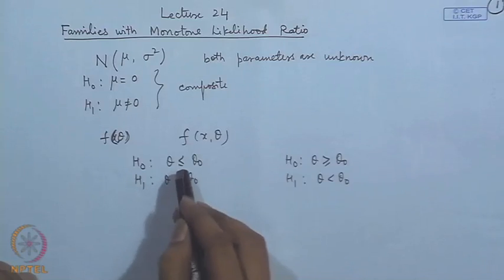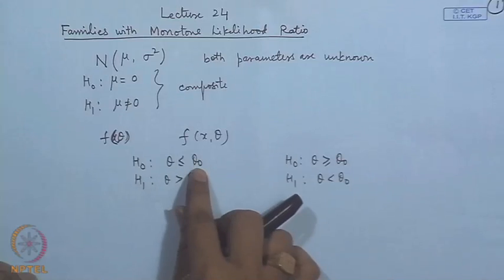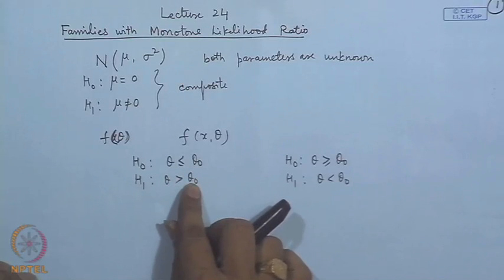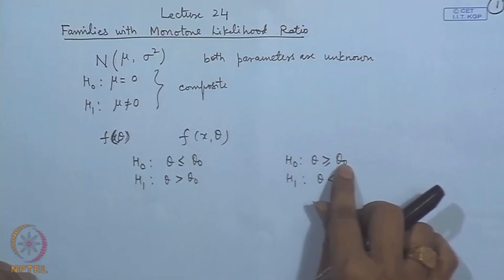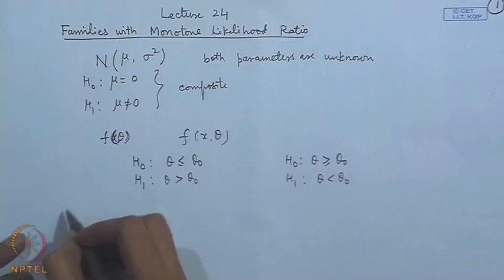In particular, for the one sided testing of hypothesis problems like theta less than or equal to theta naught against theta greater than theta naught, or theta greater than or equal to theta naught against theta less than theta naught, etcetera, for such cases, we are actually getting the uniformly most powerful tests. The results that are proved, they are actually extensions of the Neyman Pearson fundamental lemma. So, firstly let me define these families.